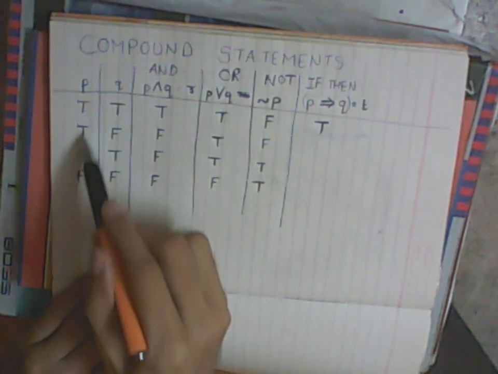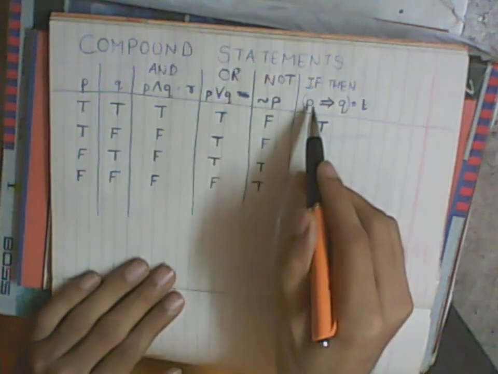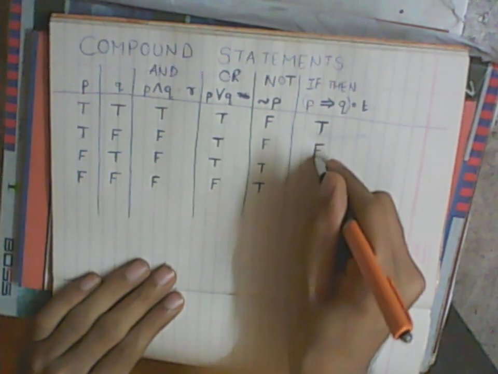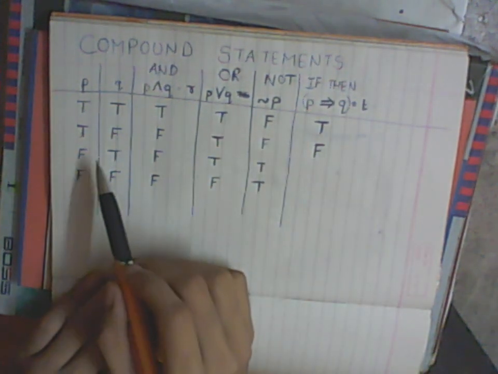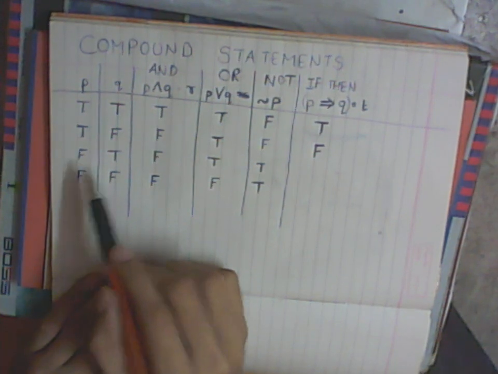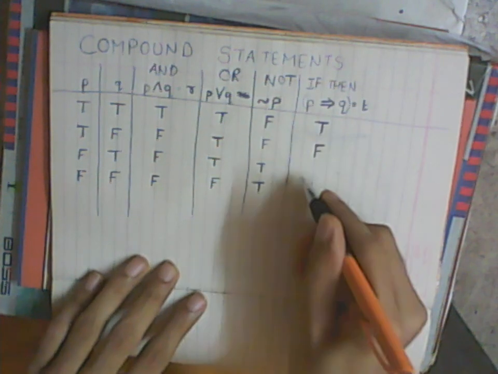If your premise is true, but your conclusion is false, then this if-then statement evaluates to false. Now here it's a bit interesting. If your premise is false, then no matter what your conclusion is, your if-then statement will turn out to be true.